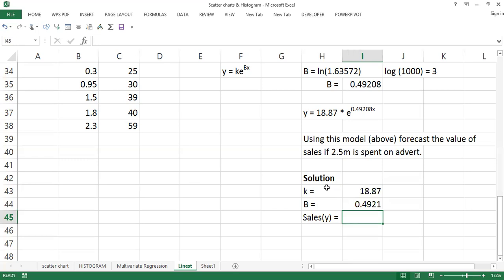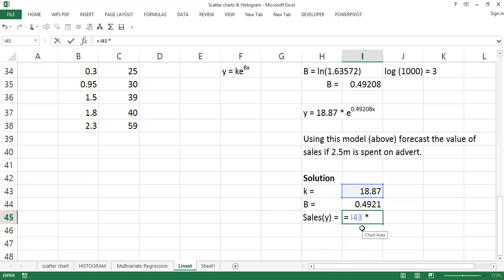Y will be equals what then? Just use this formula. Y equals 18 points. You don't need to type again. Just click here, right? Times e to the power of b. Hope you are following.